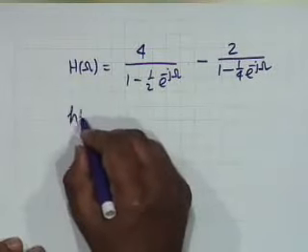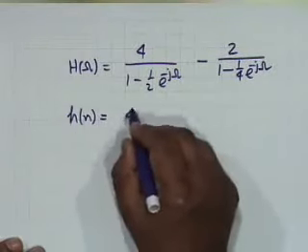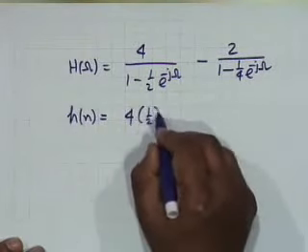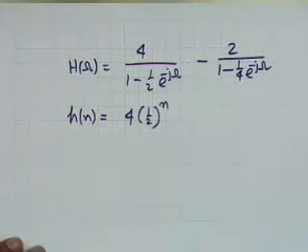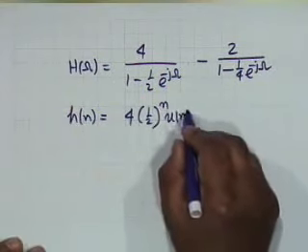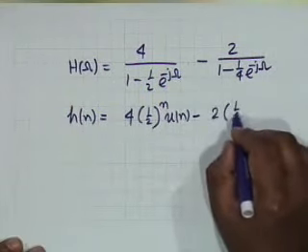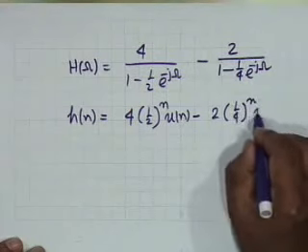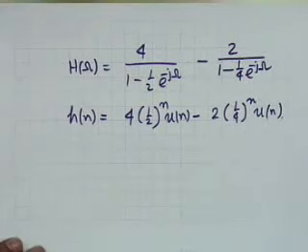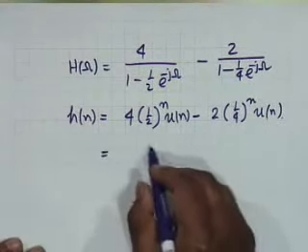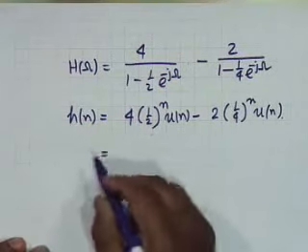And you can now invert it term by term. 4, you get half to the power n u of n minus 2 times 1/4 to the power n u of n. Now I can write it in various forms.